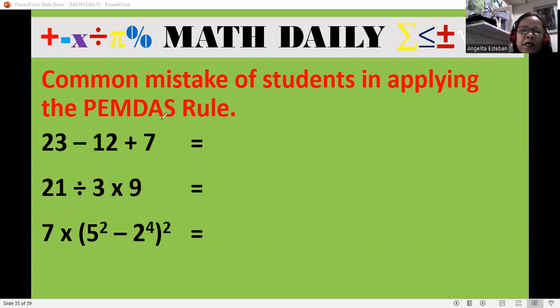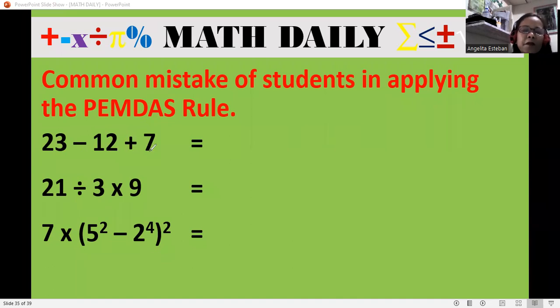So the problem comes in when there are only two of these given in the problem. Like in the example that we have here, 23 minus 12 plus 7.